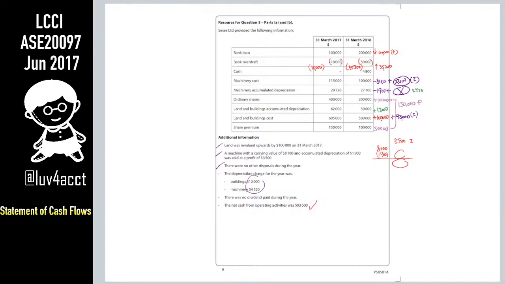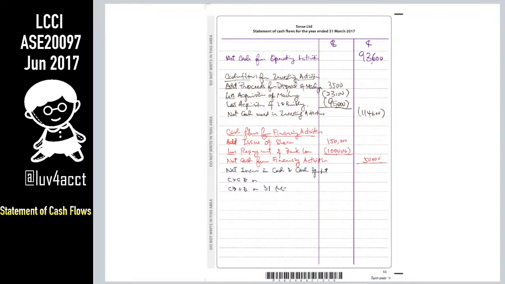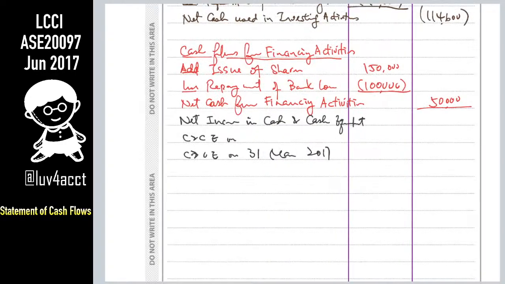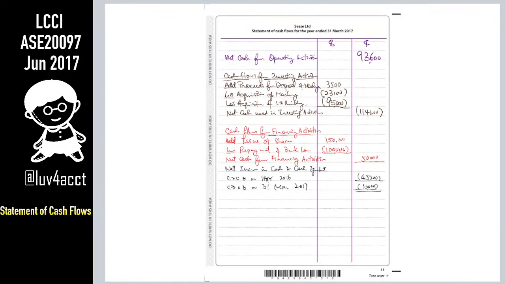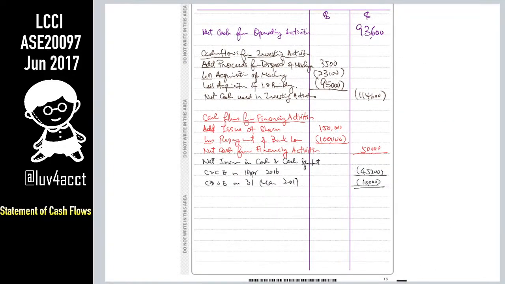Also cash and cash equivalent on 1st of April year 2016 and 31st March year 2017, the two balances: 45200 negative, and then closing 10,000 negative. Okay, so let's see if it is equal.